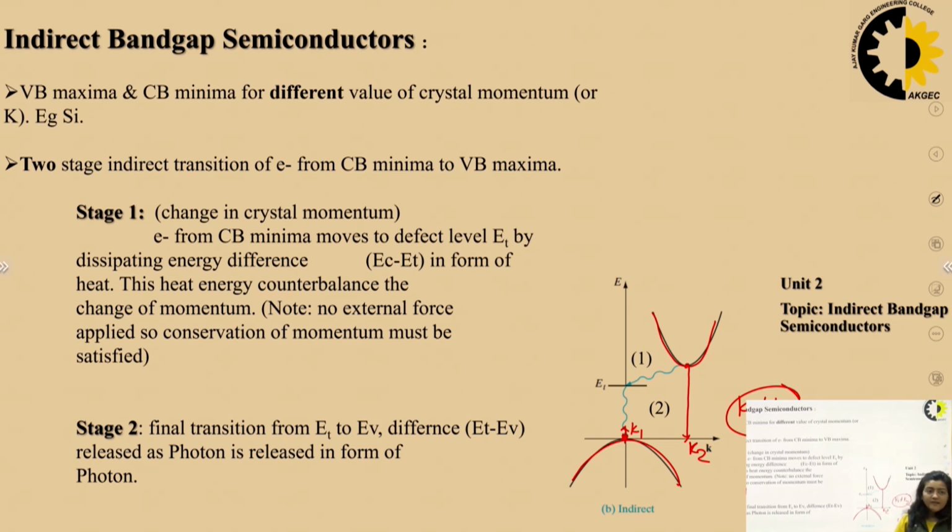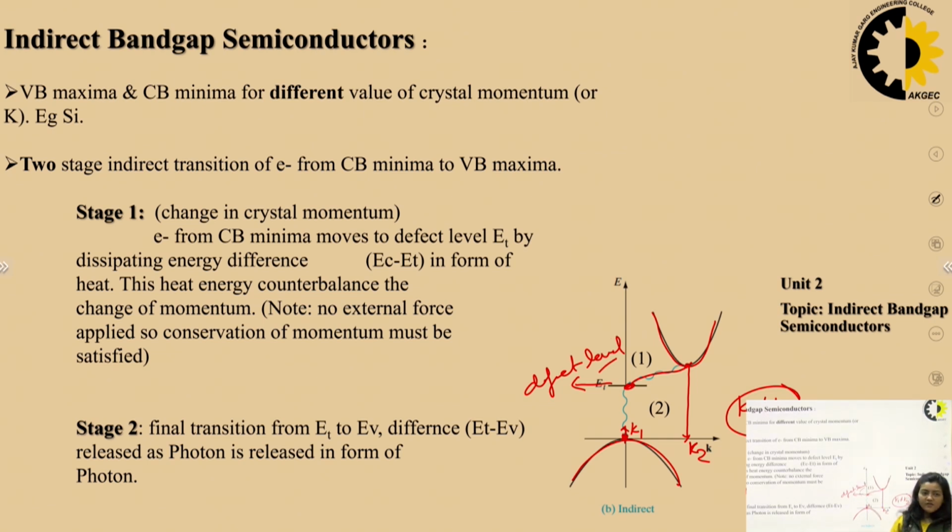So what will happen is that as soon as the electron loses energy, it will first come to this point. Suppose an electron from the conduction band minimum moves to a defect level, some kind of defect level.